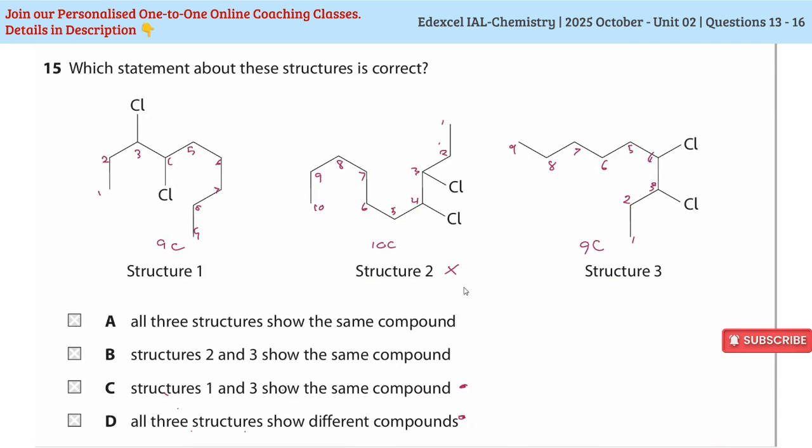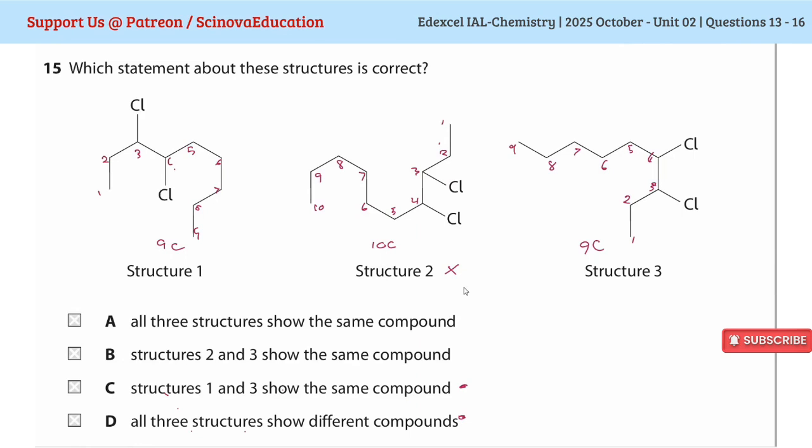Both these are dichloroalkanes, and the chlorine is attached to the third and fourth carbons of each chain, and structure 1 and structure 3 are the same.